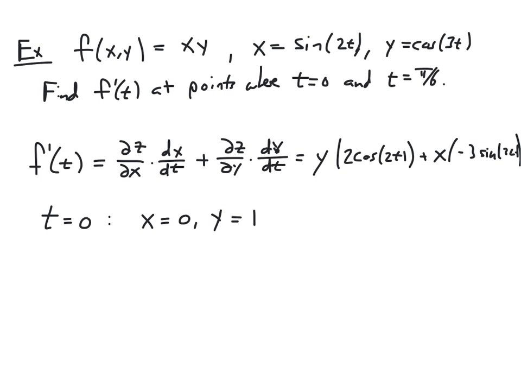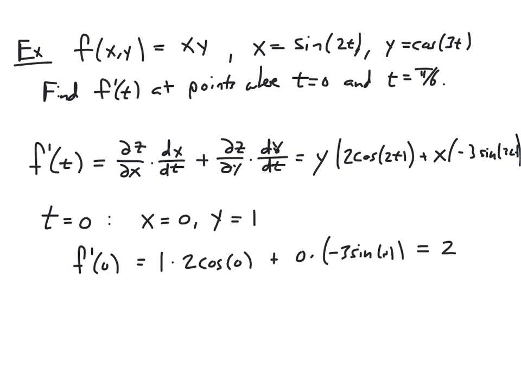And so f prime of 0 is simply going to be 1 times 2 times the cosine of 0 plus x, 0, times negative 3 times the sine of 0. And this ends up just being equal to 1 times 2, which is 2.